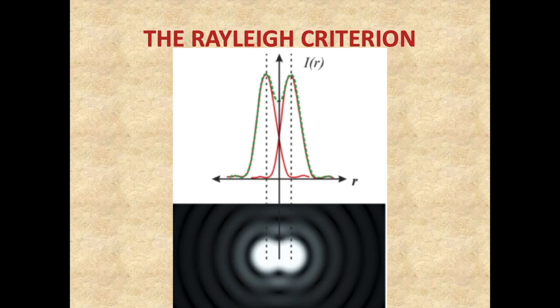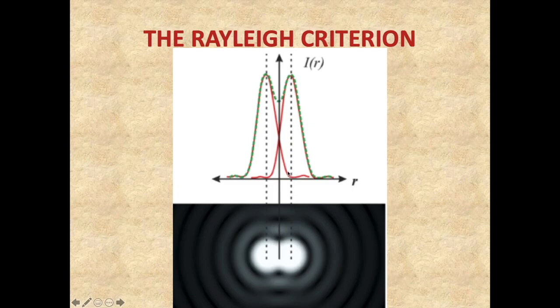This image is how you would show the condition for being just resolved on paper. You can see the central maximum diffraction pattern for two sources given, and to show the just resolved condition on an intensity diagram for two sources, you must ensure that the first minimum of one pattern coincides with the central maximum of the other, and vice versa.